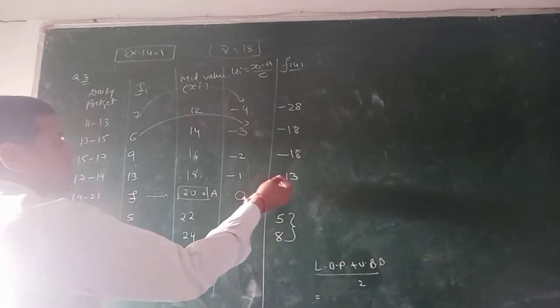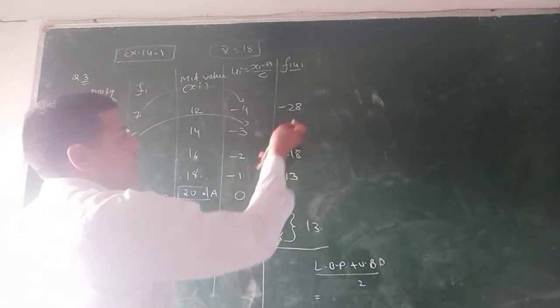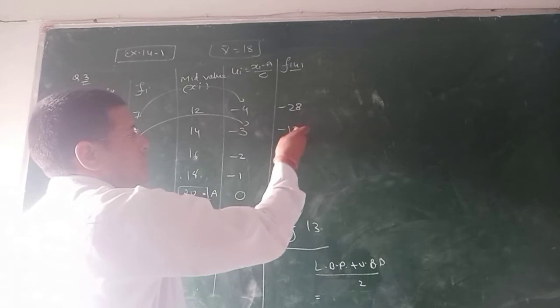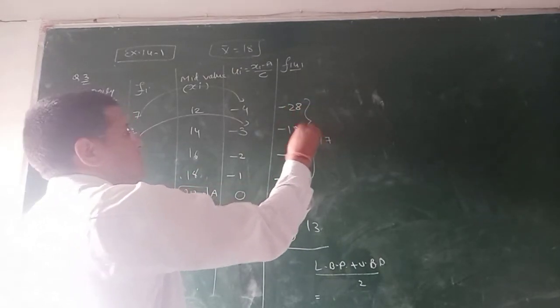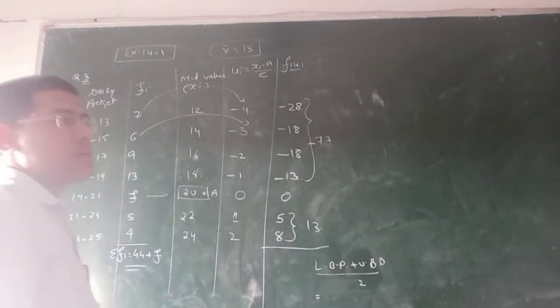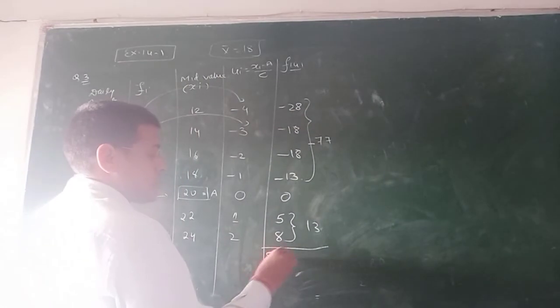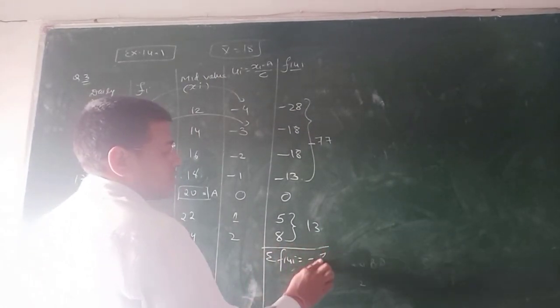So you can see you have plus 13, while you have total 20, 30, 40, 50, 58, 61, 69 and 77. So from 77, if you deduct 13, you will get sigma fi ui is equal to -64.